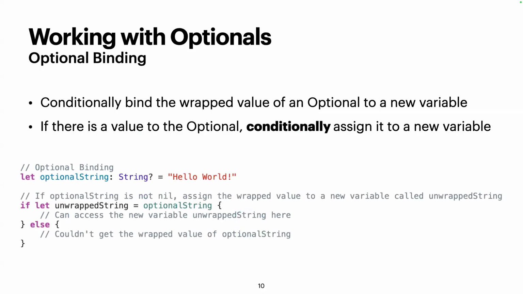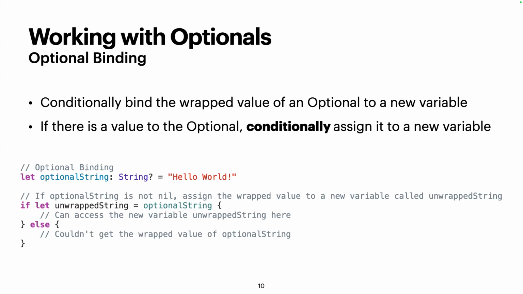We haven't done closures just yet, but here we have a variable called optionalString, and it's actually assigned to some value, in this case, Hello World. And here we have this if-else statement. In this condition, what we're trying to do is get the wrapped value from this optional out.